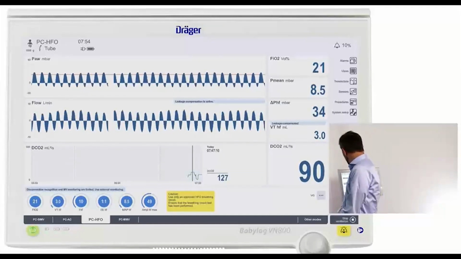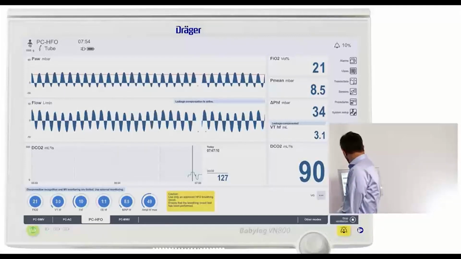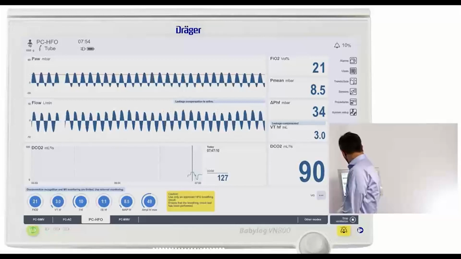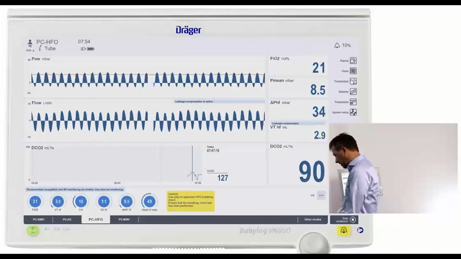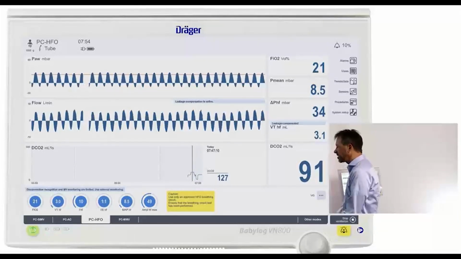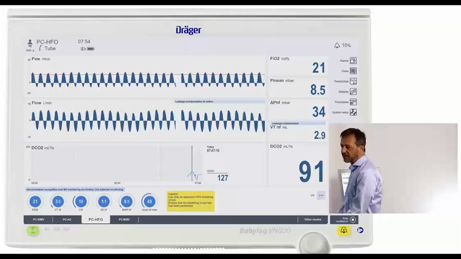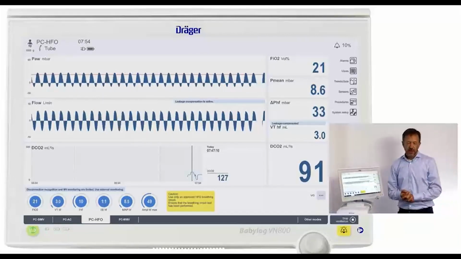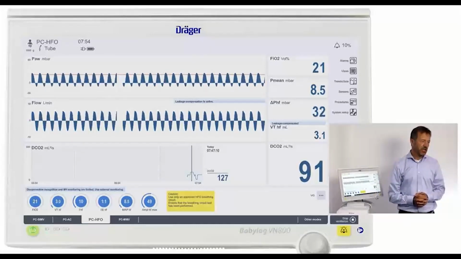You see this breathing in the flow curve, and you see that the HF tidal volume is fluctuating a little bit. It's 2.9, 3.1 around this, but it still stays very close to the set tidal volume of 3 milliliters. I hope I could answer the question properly.